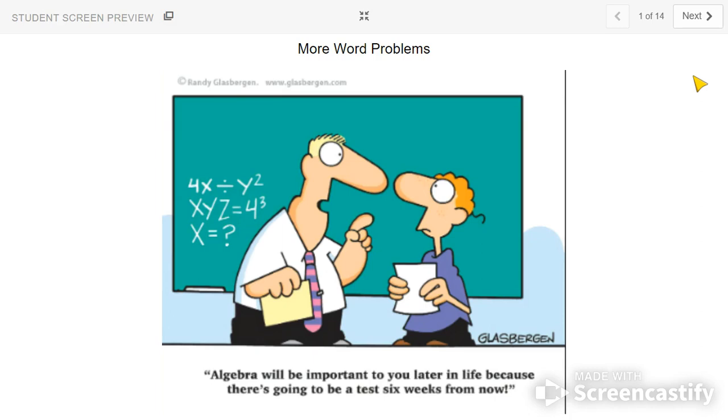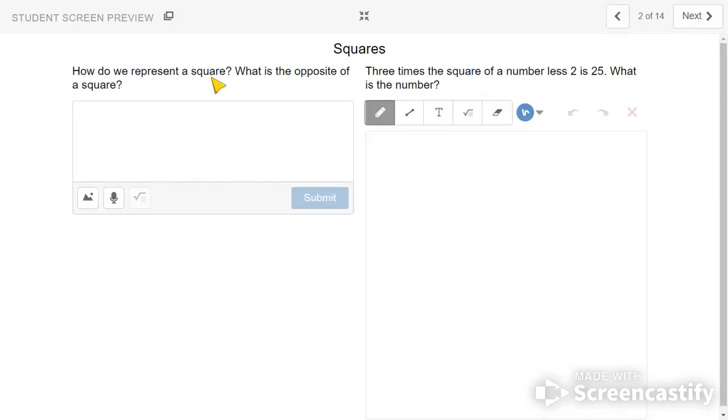In this section, we're going to talk about problems related to squares, perimeter, and consecutive numbers. So let's talk about squares. Remember, if we are talking about powers, I could have a number x squared.